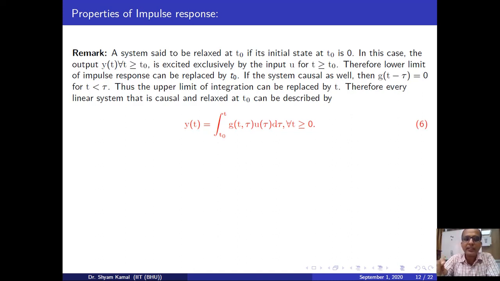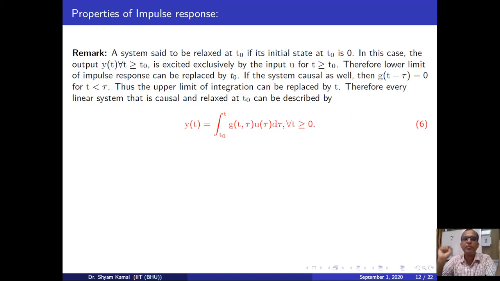I am assuming that a system is said to be relaxed at t equal to t0 if its initial state at t0 is 0. So somehow I am talking about the zero state response of the system. In this case the output yt for t greater than or equal to t0 is excited exclusively by the input u for all t greater than or equal to t0.